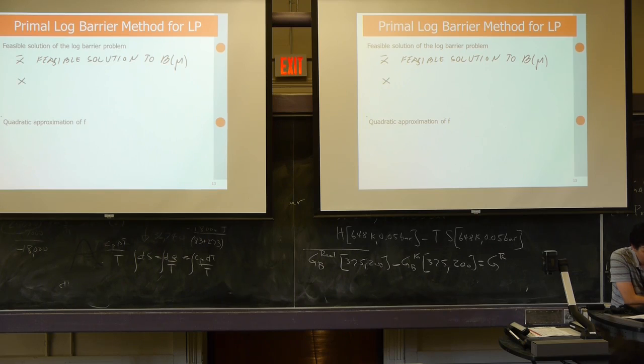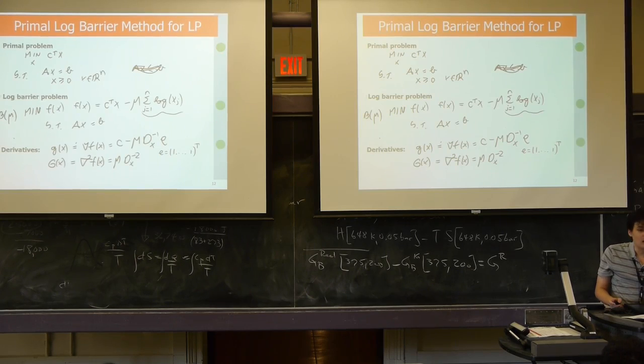We start from this, and in the next step of the iteration we move to x plus, where x plus is x bar plus some delta x. We want to minimize this function f. It looks a bit ugly, but what we can do is the usual trick: we approximate this with a quadratic function, right?